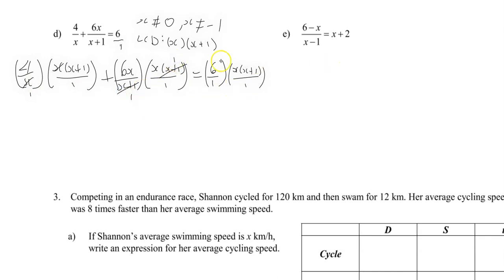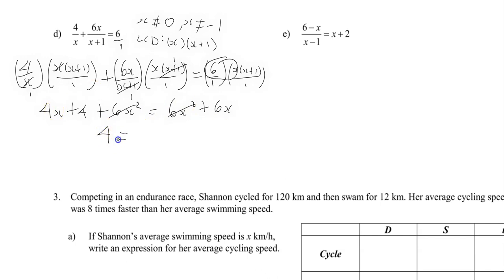Okay, so we've got only 1's in the denominator, so we start expanding. 4x plus 4. Okay, we got 6x times x, so plus 6x squared equals. So let's just treat that as 6x. All right, we'll get 6x squared plus 6x. Got a 6x squared on both sides. You can just cross them off. They'll cancel each other out, right? You'd subtract 6x squared from both sides.